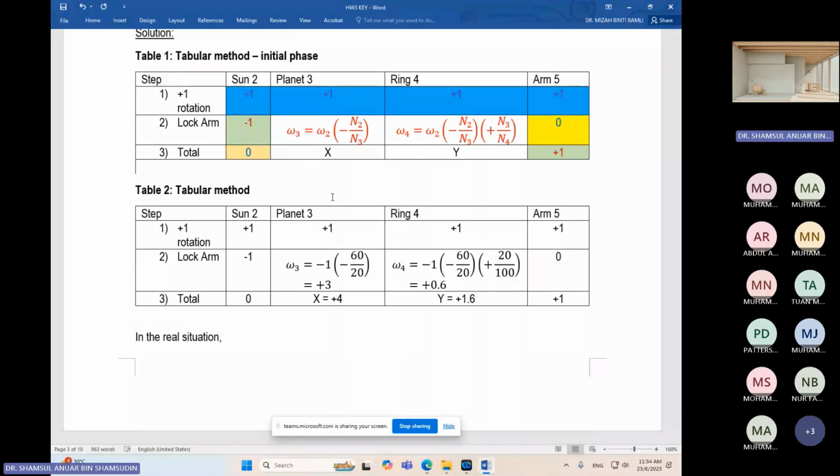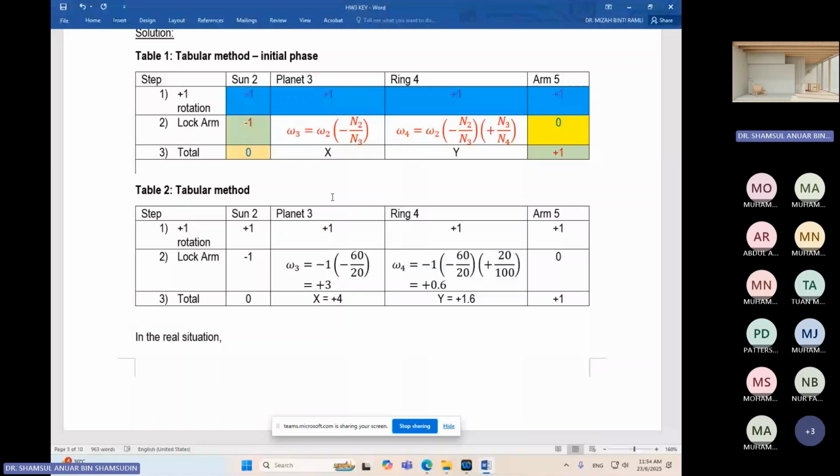Okay, so in the next one for here, 4. So this one relates to this one. So 4 first, and we check 5, 3 and 4. Going to be 4 is a ring gear and 3 is a radial gear.